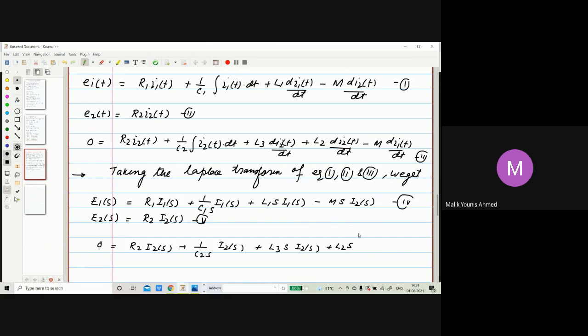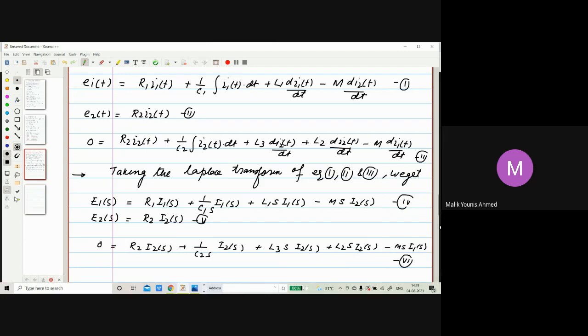I think we have written wrong here. Oh yeah, this is fine, s, because this is the inductance only. This is not a mutual. L2, what's that? R2 plus, fine, L3 s and L2 s, minus will be only M s I1 of s. That's fine. So let's call it equation number 6.